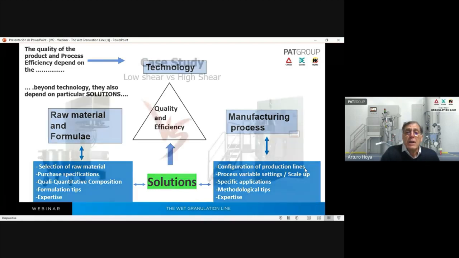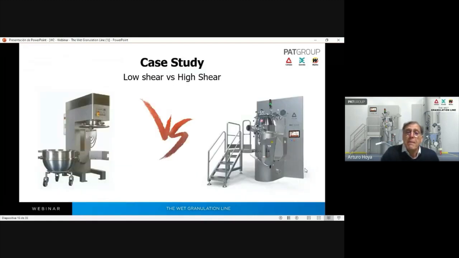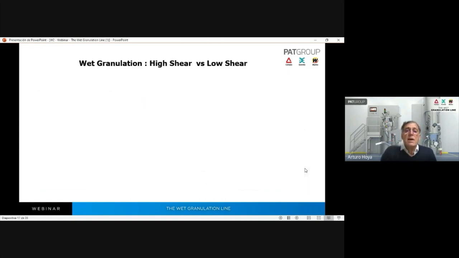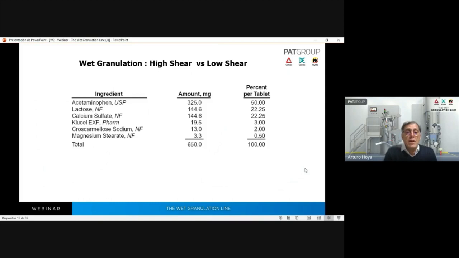And now I wanted to show you a case study that compares low shear versus high shear. In this case, we use an example taken from the scientific literature that shows how the same formula processed at high shear produces better compactability results.